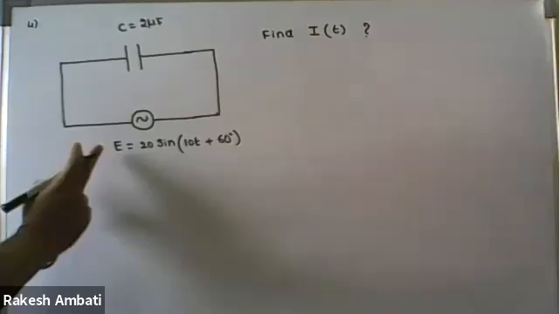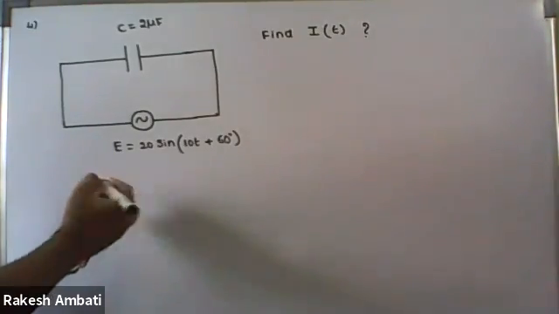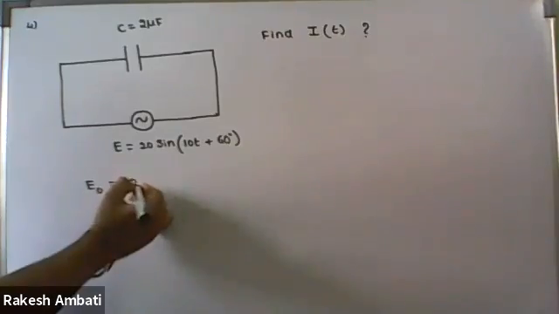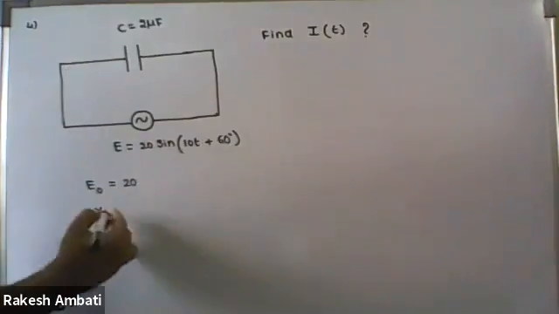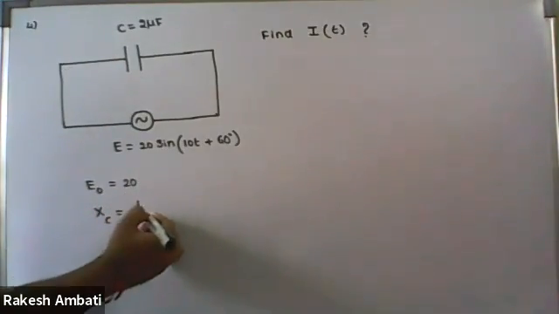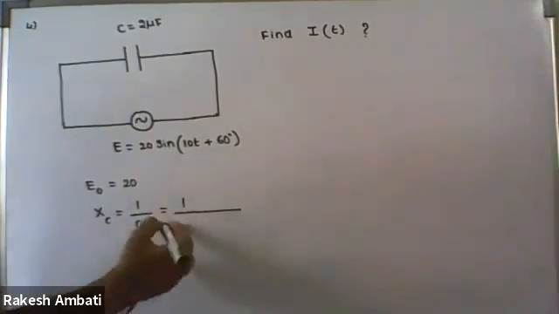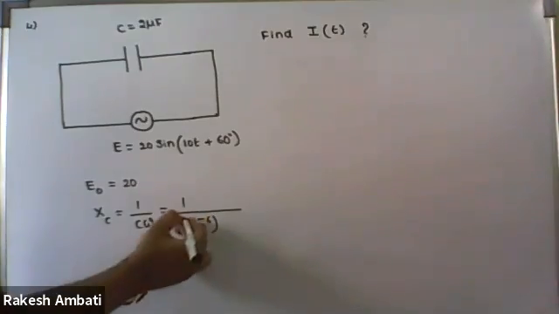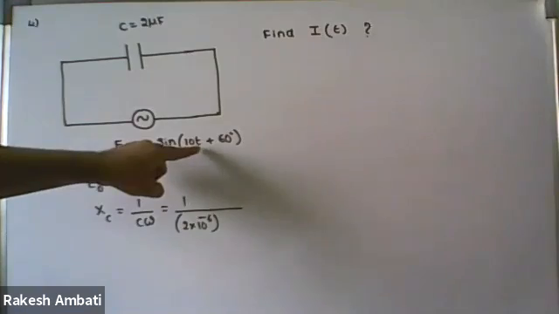Please answer. From this EMF equation, what is the maximum value? E naught equals 20. Then, it's a purely capacitive circuit. In a purely capacitive circuit, how to find XC? The formula is 1 by C omega. So 1 upon, the capacitance is 2 into 10 power minus 6. It is in the form of E equals E naught sine omega t plus phi.